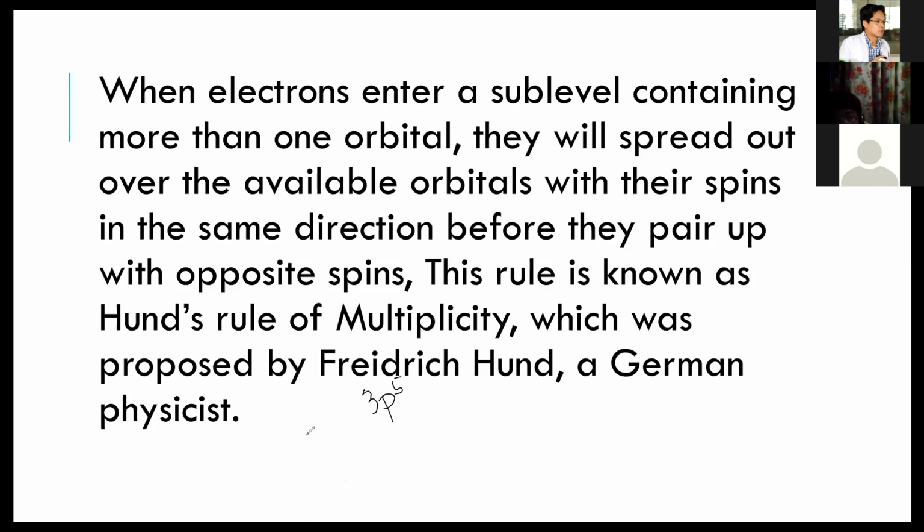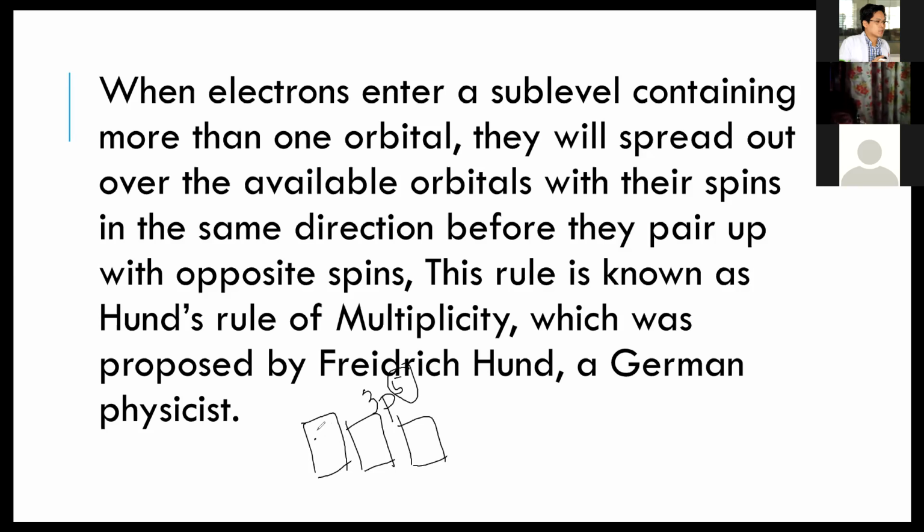The p subshell has 3 orbitals, and it contains 5 electrons. So, according to Hund's rule, before pairing up, they usually spread out.